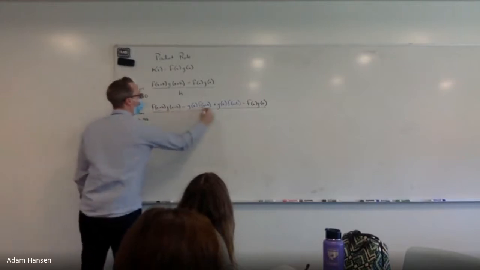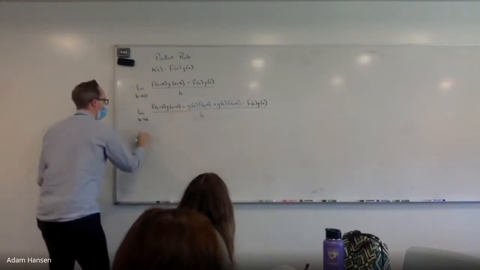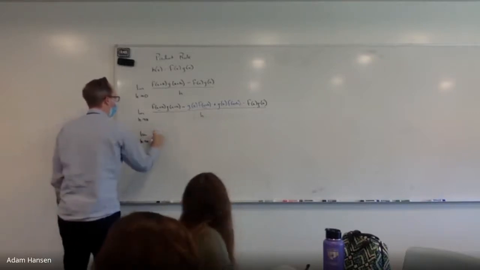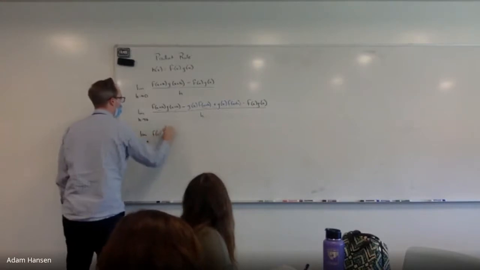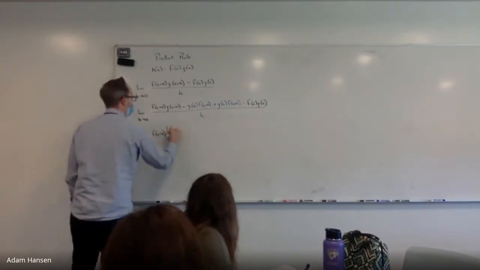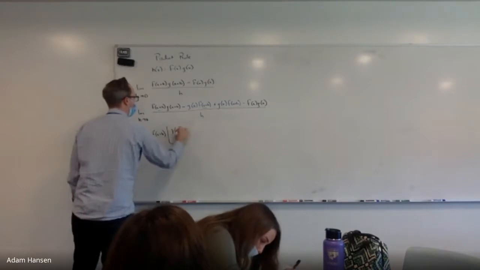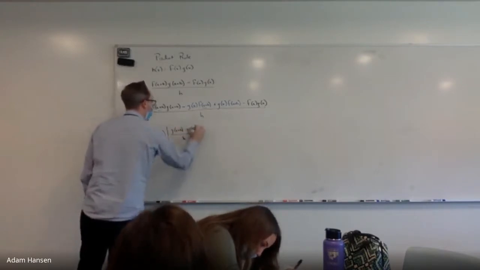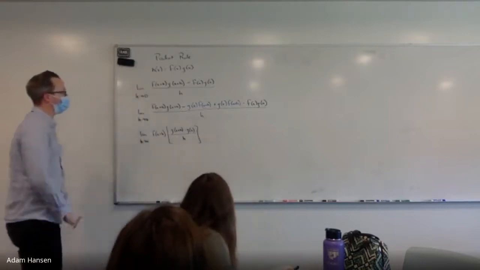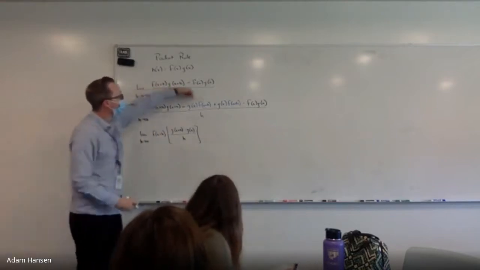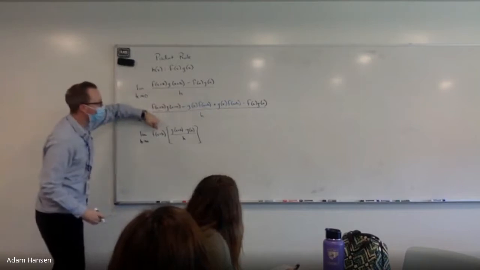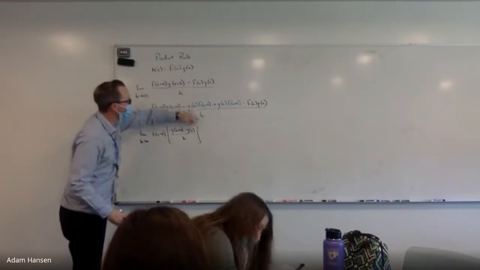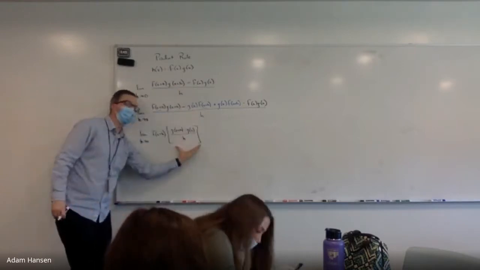So the limit as h goes to 0 of f of x plus h times g of x plus h minus g of x, all divided by h. I put the f of x plus h as a factor out here, and whatever was left over, g of x plus h minus g of x, all divided by h, I grouped together in this quantity.